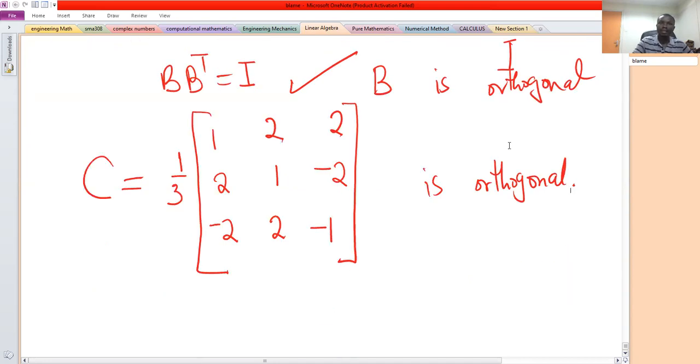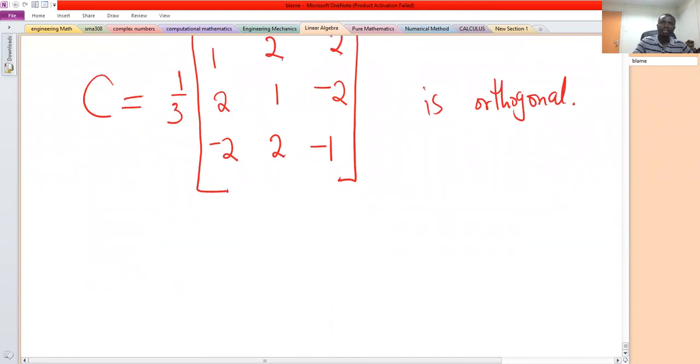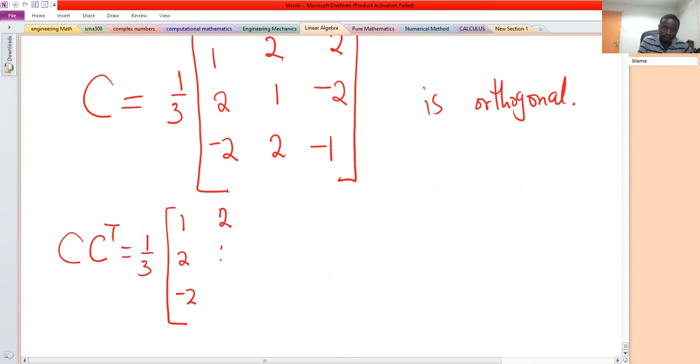Let's quickly prove that. So we have to show that C times C transpose is, so this will have 1 over 3 into 1, 2, minus 2, 2, 1, 2, 2, minus 2, minus 1.